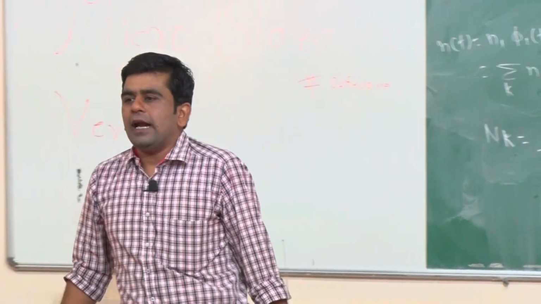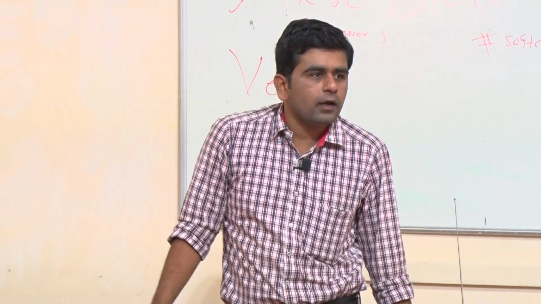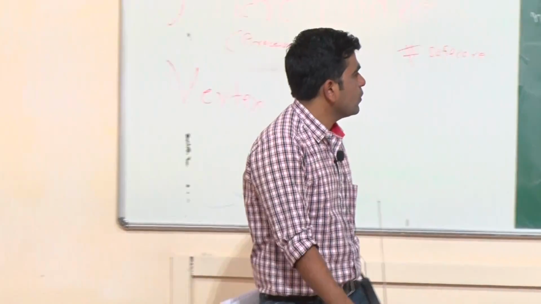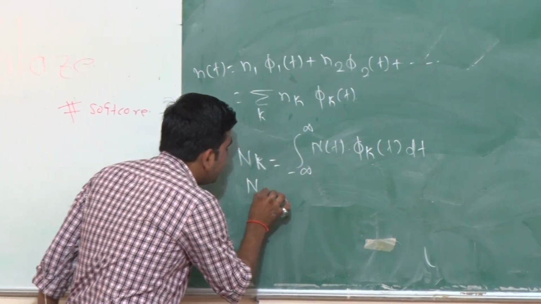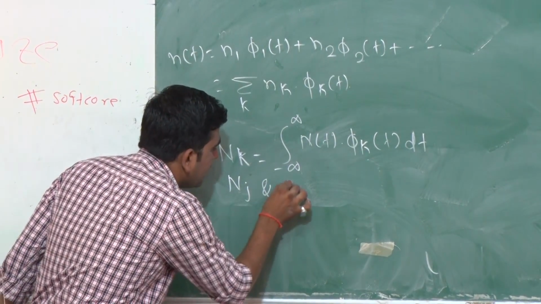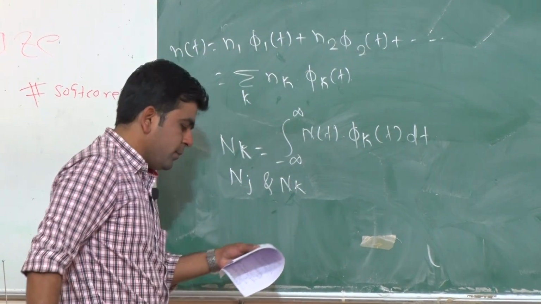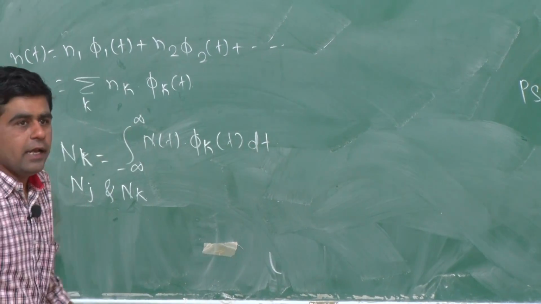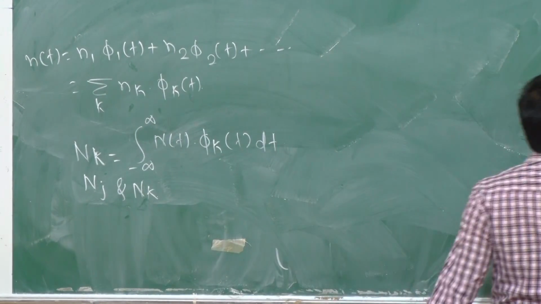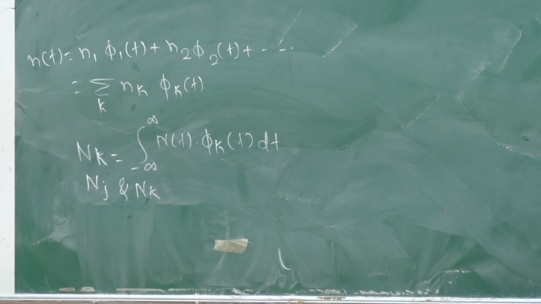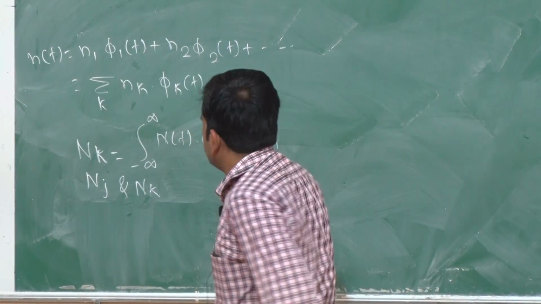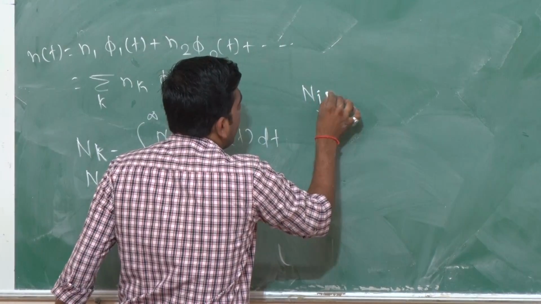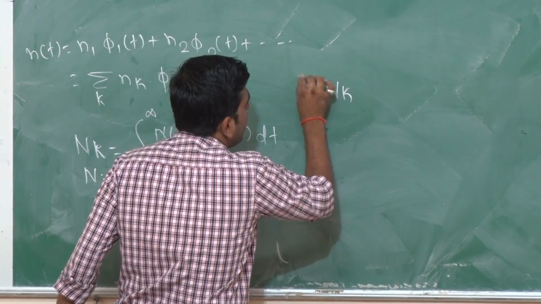Here we have to find out the relation between two random variables from your random process. So write down, the relation between nj and nk. This relation is given as the expected value of nj into nk bar.